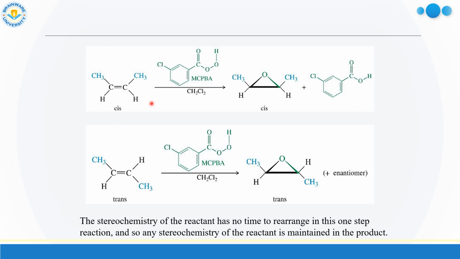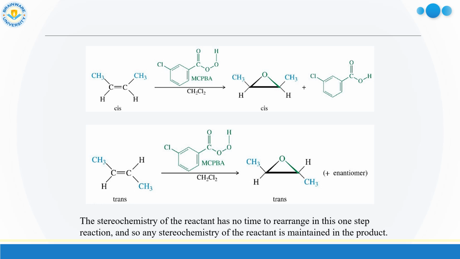If you select a cis alkene, then a cis epoxide is formed. If we select a trans alkene, a trans epoxide is formed. That means we cannot change the stereochemistry; the stereochemistry remains the same after that reaction.